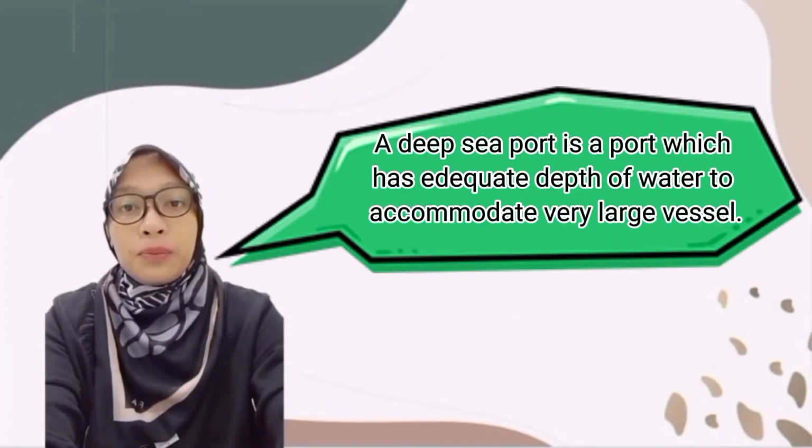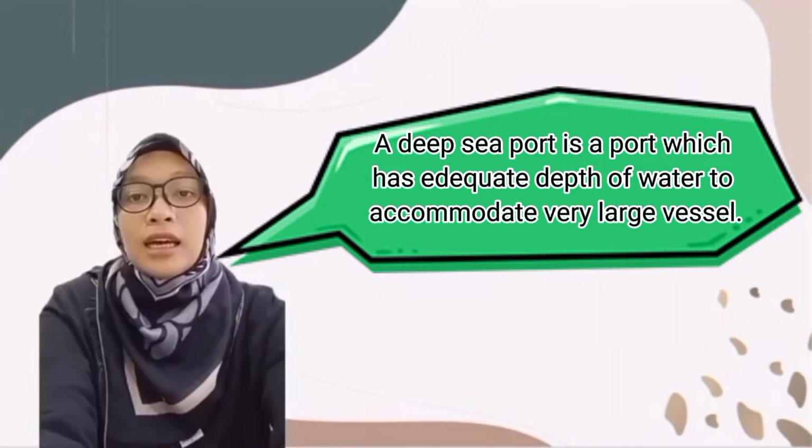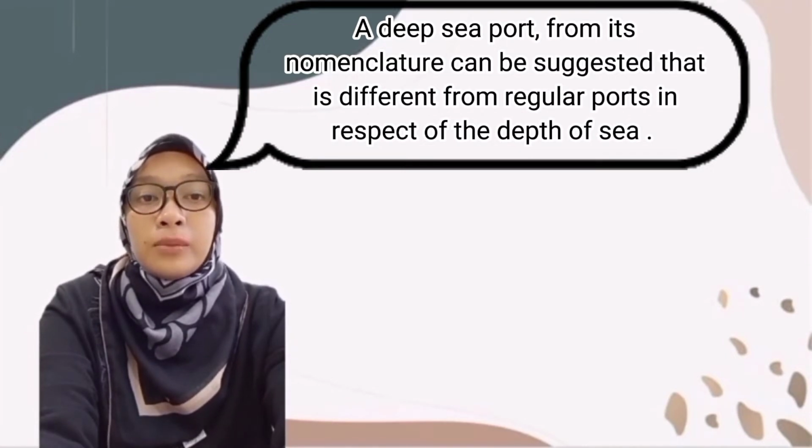A deep sea port is a port which has an adequate depth of water to accommodate very large vessels. Deep water port, from its nomenclature, can be suggested to be different from regular ports in respect of depth of sea.